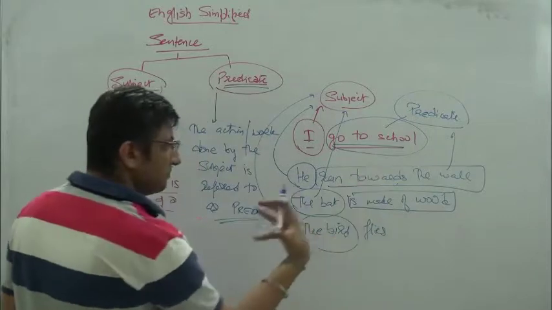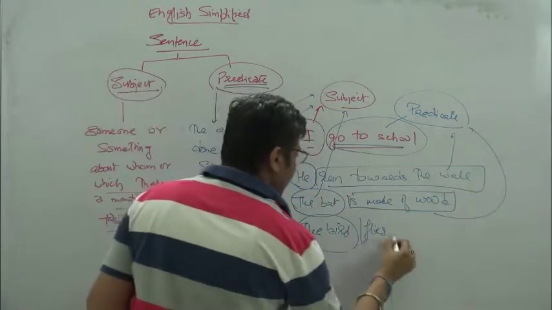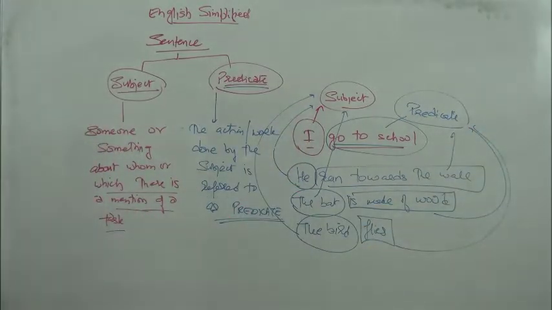The action is it is made. This is predicate. The bird flies. The action is flies. That is predicate. Okay, right? So essentially a sentence would comprise of a subject and also a predicate.